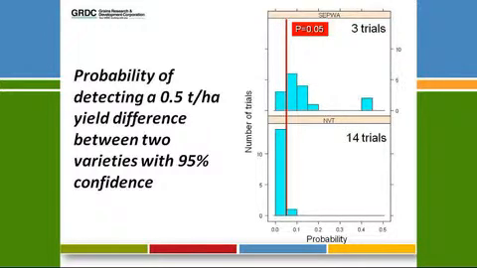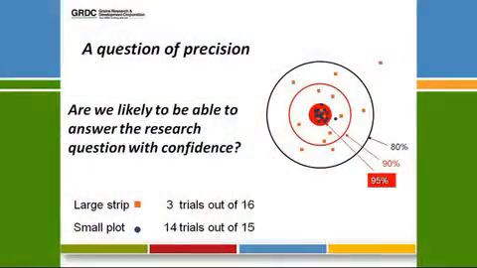So the chance of detecting this half a tonne difference, our research question, difference between varieties, with a reasonable level of confidence, and pardon the stats jargon, I'll get rid of it in the next slide, but only 3 of those large strip trials could actually answer the research question that you were asking at the start, whereas 14 out of the 15 small plot trials could actually detect those levels of differences and better.